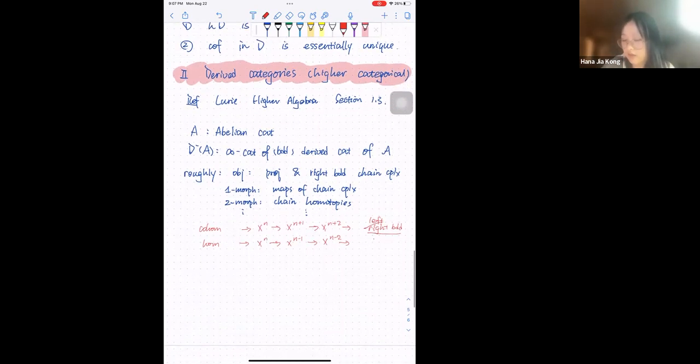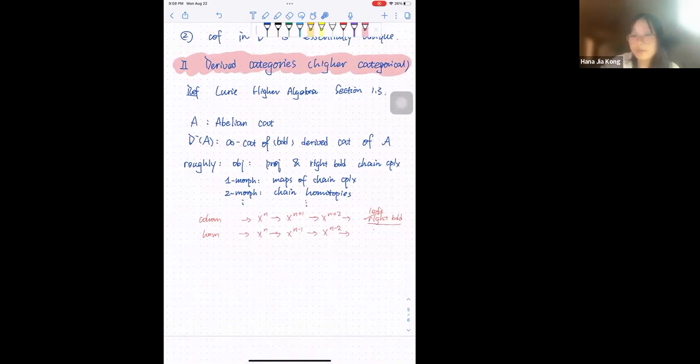In Lurie's convention, right bounded using chain complexes means in the homological convention it's bounded from below, and if you translate it to cohomology, then that's bounded from above. The cohomological and homological conventions, these superscripts, are very, very confusing, I have to say.